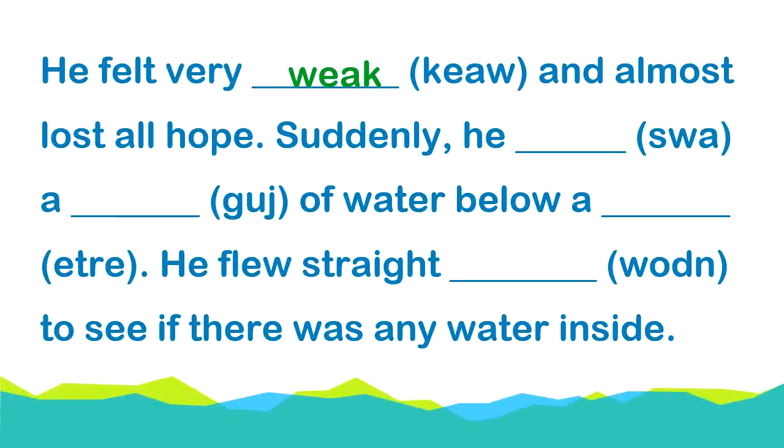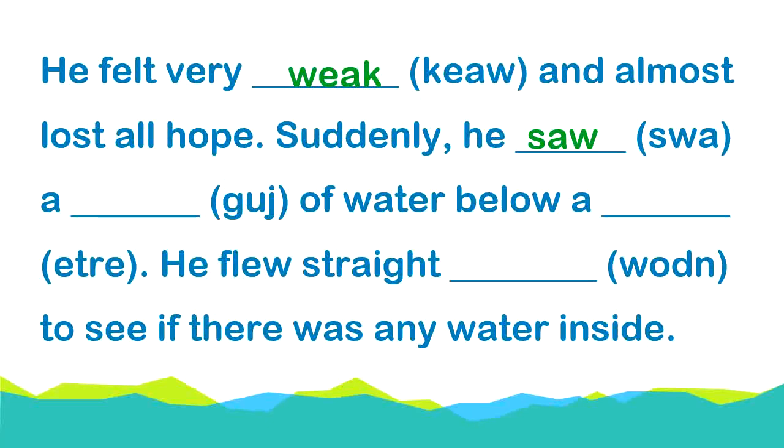Suddenly, and there is a three-letter word. S-W-A. If I swap the letters, it can become was. But do you think he was something to do with water? No. He saw. And what did he see? G-U-J.